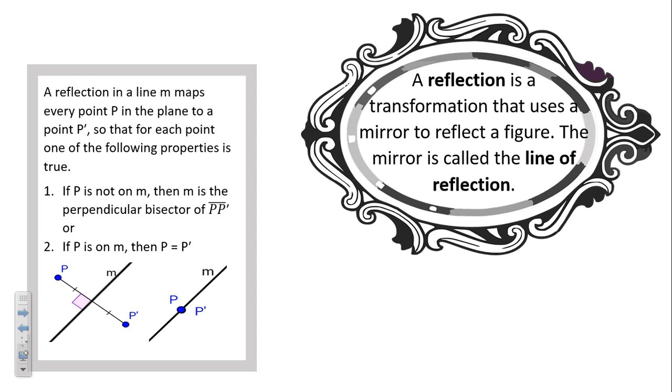It has nowhere to go. It can't be reflected. It stays on that reflection line. So put a little star to remind yourself that if P is on the reflection line, then P prime and P are the same point. So you just write a P prime next to the P and you're good.